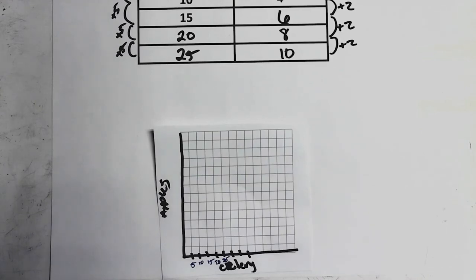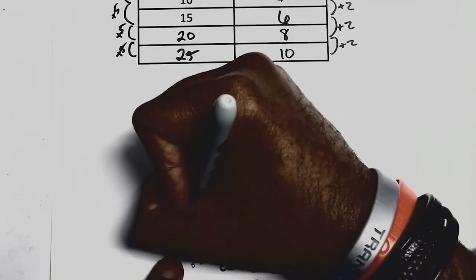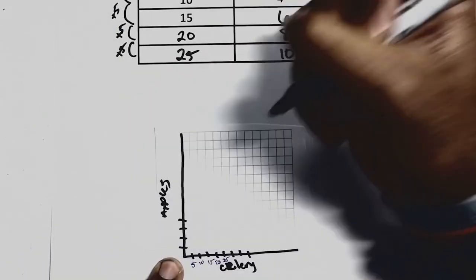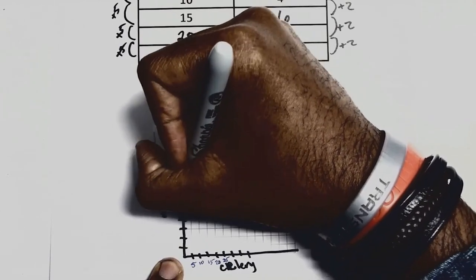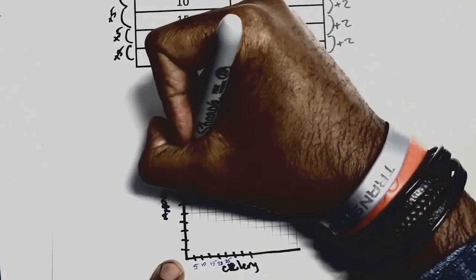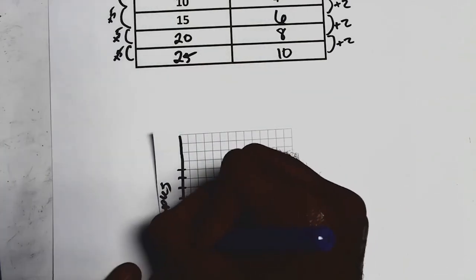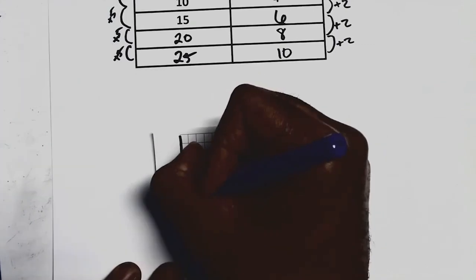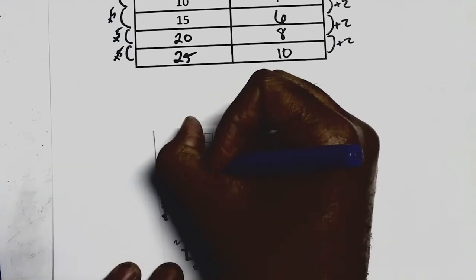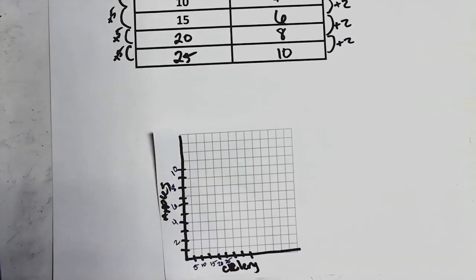What about our y-axis? What should we scale that by? 2s, correct. So I'm gonna write 2, 4, 6, 8, and 10.